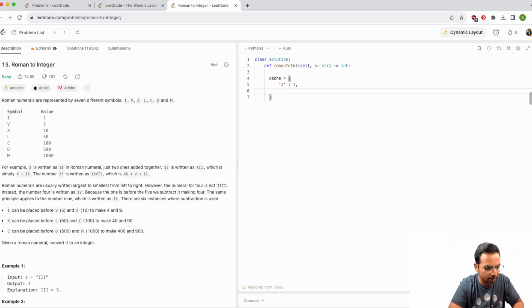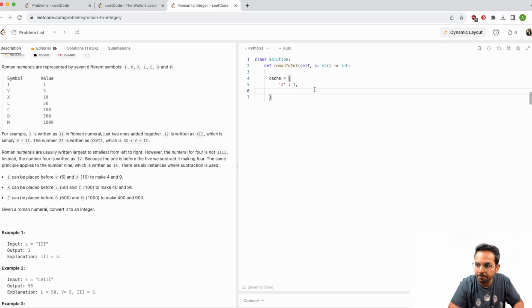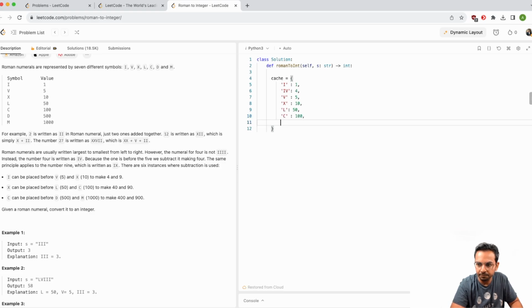I is 1, IV is 4, V is 5, X is 10, L is 50, C is 100, D is 500, M is 1000.